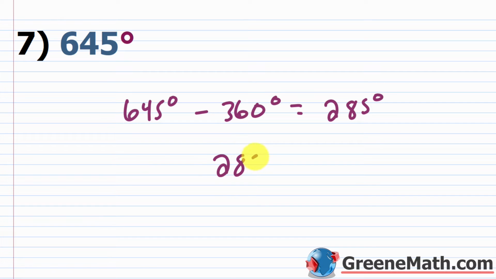So for this one, let's take 645 degrees. Let's subtract away 360 degrees. Let's key that into our calculator, and we're going to get an answer of 285 degrees. So this is the answer we want, this 285 degrees. So it's a coterminal angle with 645 degrees, and it's between 0 degrees and 360 degrees.